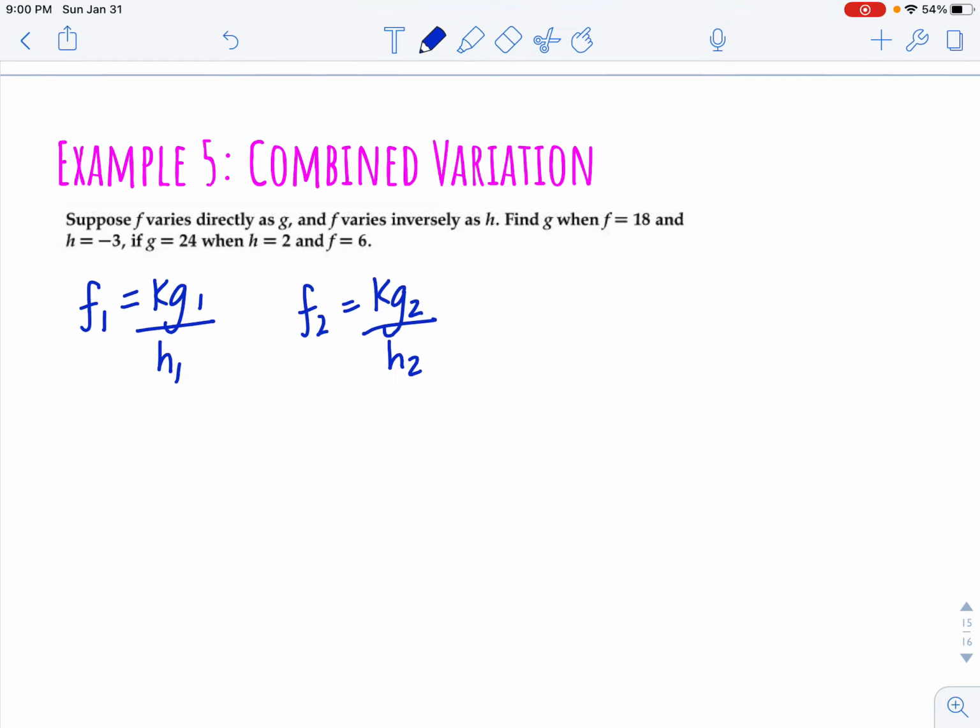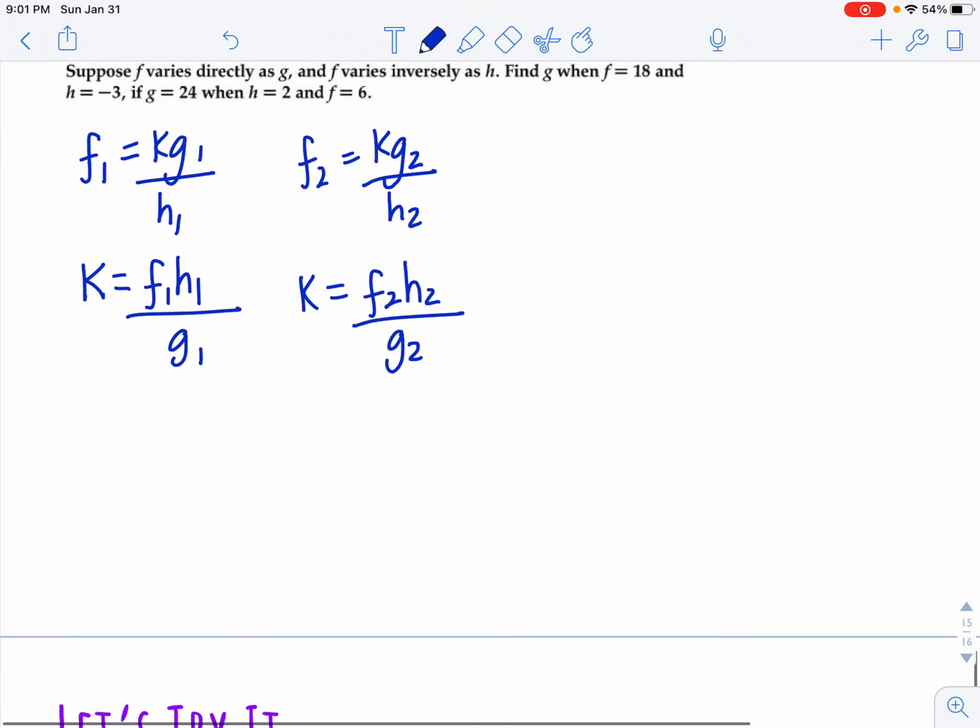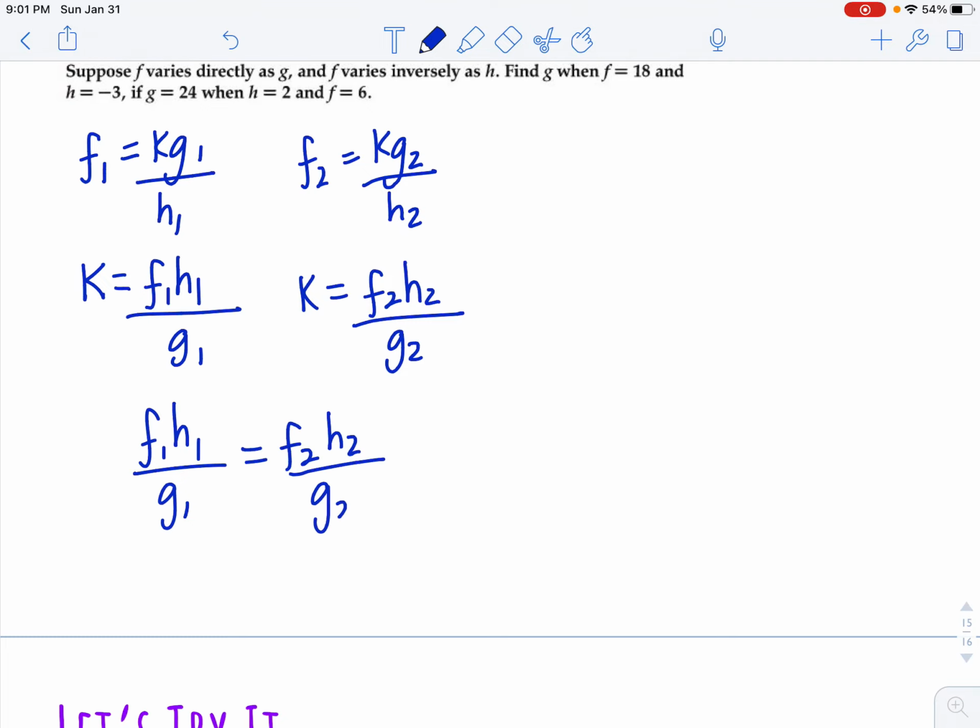So then you want to isolate that k. So you would have k equaling f1 h1 over g1. And then in this case, k would equal f2 h2 over g2. So now you can set these equal to each other. So you have f1 h1 over g1 equals f2 h2 over g2.